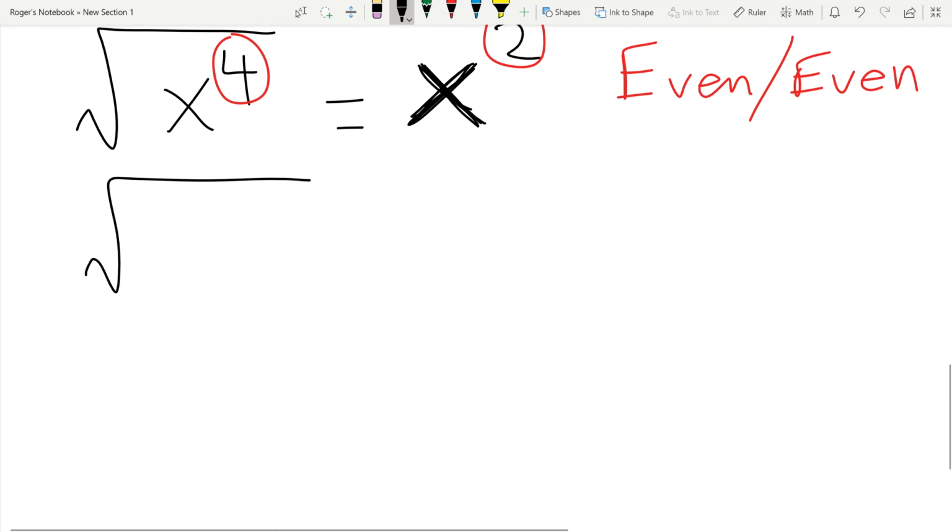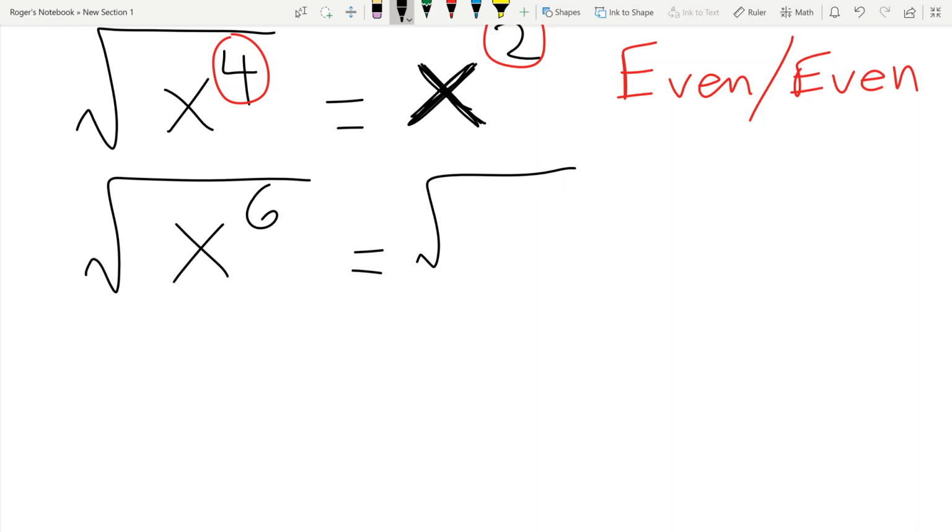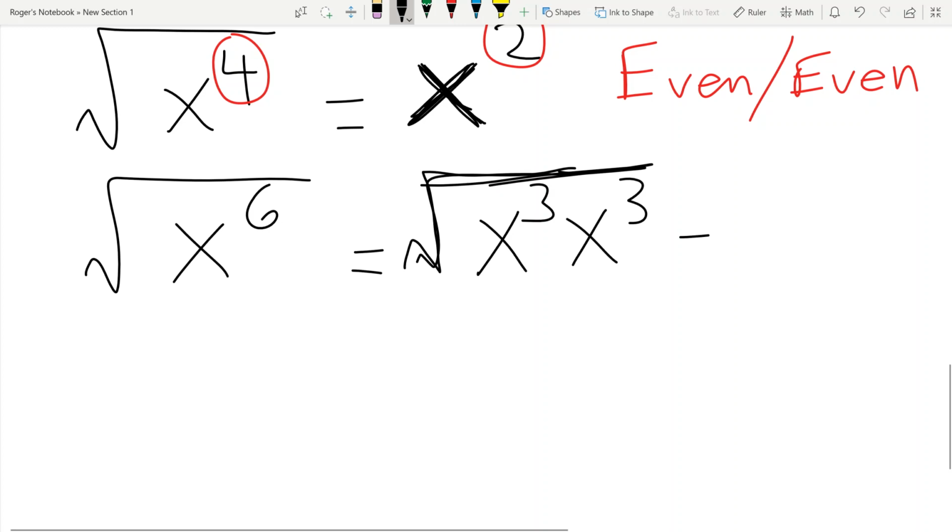How about something like this? The square root of x to the sixth power is equal to the square root of x cubed times x cubed, right? X cubed times x cubed is x to the sixth. And so the square root of that is just going to be x cubed.